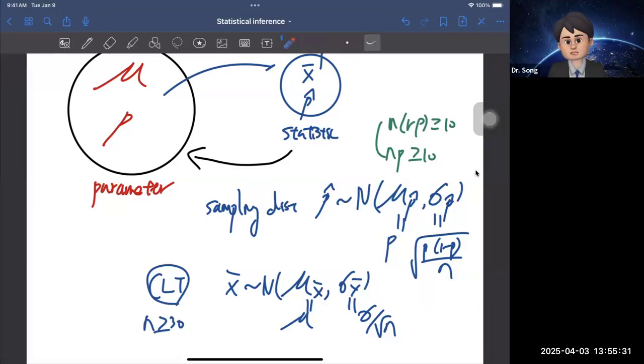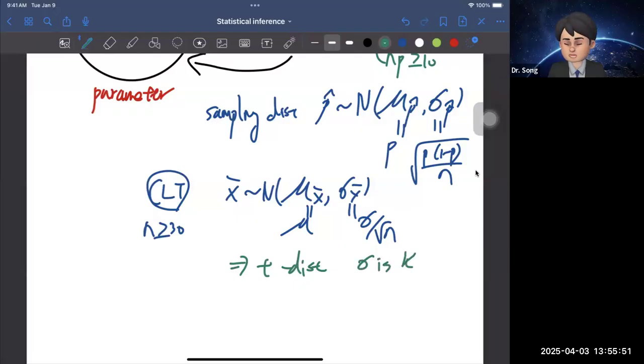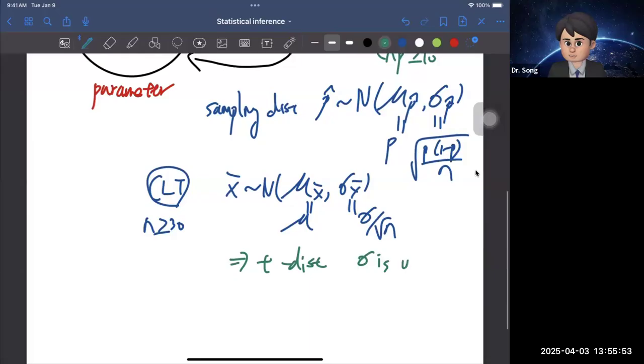But there's a difference between the sample proportion and the sample mean. For the sample proportion, you can use a normal distribution, but for the sample mean, it's too strong an assumption to believe. So in that case, we use a t-distribution. The t-distribution is for the situation when you don't know sigma, sigma is unknown.